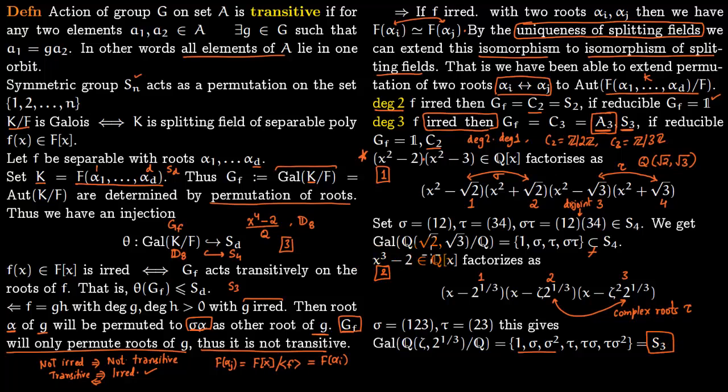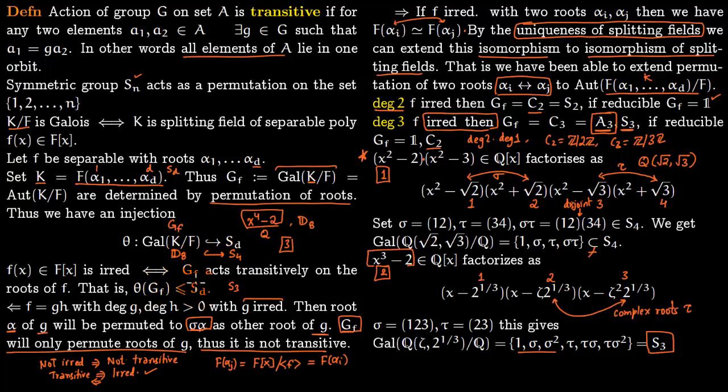Now you can see that if you have an irreducible polynomial like this, you have permutation of all three roots, S3. When it is irreducible, our Galois group acts transitively. It permutes all the roots. Again, keep in mind this example also: x to the 4 minus 2 was irreducible, but our Galois group was not S4, it was D8, but still it is a subgroup of S4. So this D8 injects into S4.